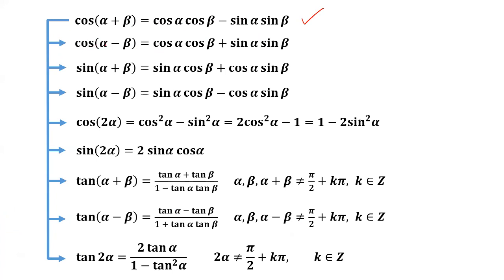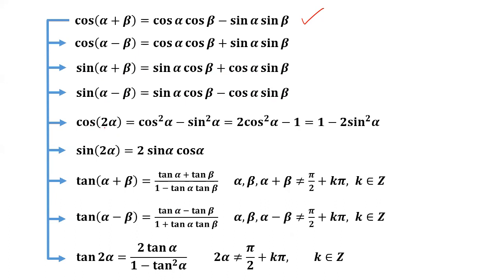First, cosine of the difference alpha minus beta equals cosine alpha cosine beta plus sine alpha sine beta. And sine of the sum of alpha and beta equals sine alpha cosine beta plus cosine alpha sine beta. And sine of the difference between alpha and beta equals sine alpha cosine beta minus cosine alpha sine beta.